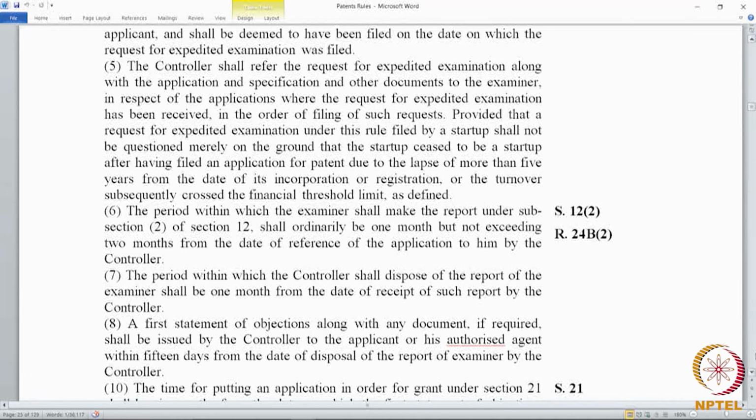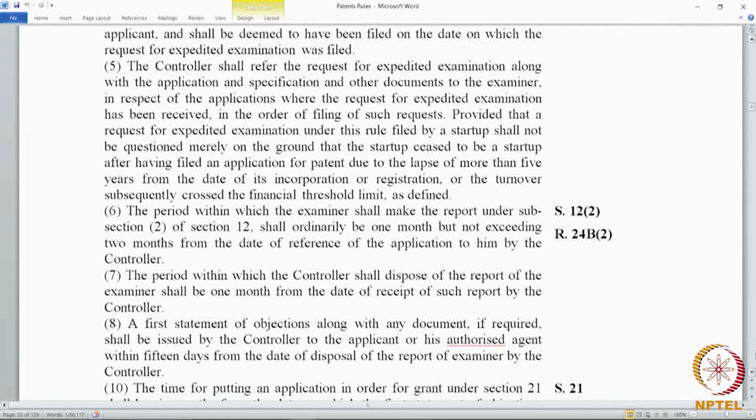Assume that a startup makes an application in its fourth year of its incorporation, and its financials are well within the limit. It has not exceeded 25 crores. So, let us say a startup after 4 years of incorporation makes an application, and let us also assume that the startup has a turnover of around 20 crores.